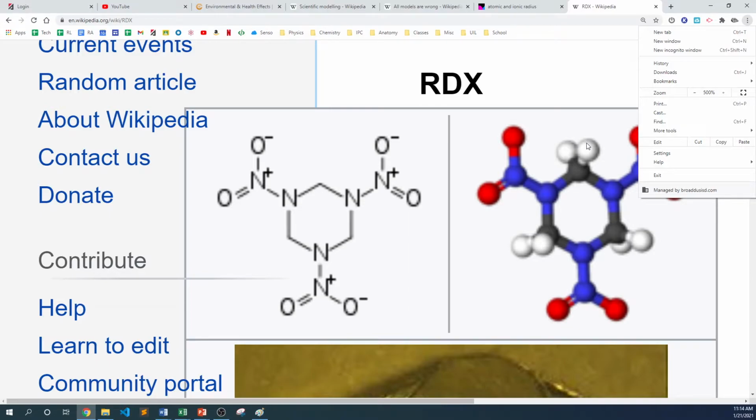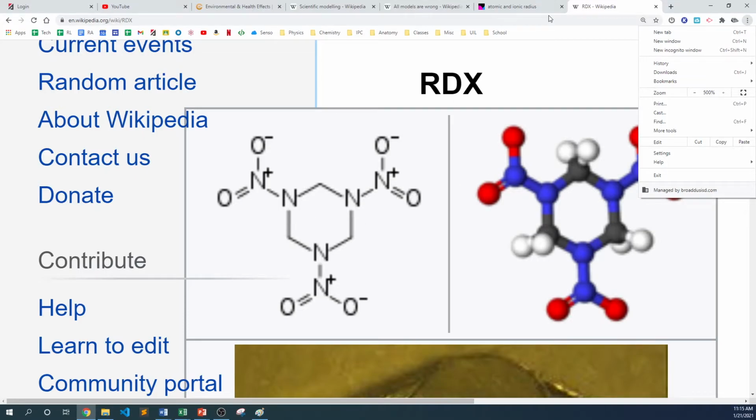I'm having a brain fart about what the white circles are. Hydrogen atoms. You don't really need to know this. All you need to know is what's the main element in this? It's nitrogen, is it? The blue.